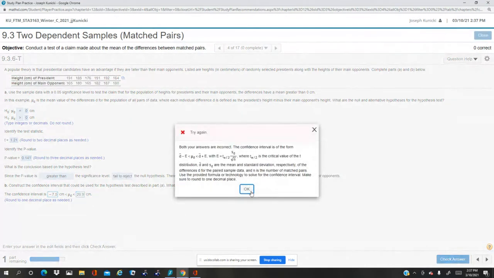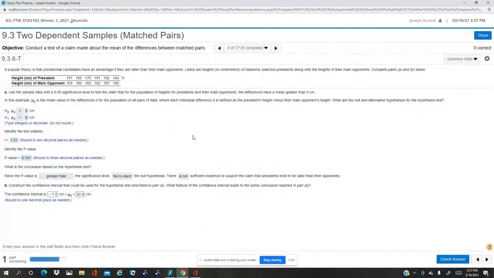Nope. It was 5%. Construct a confidence interval. Well, for both of the ones we tried, whether it's 90% or 95%, 0's in the confidence interval. That's why we would fail to reject. I'm not sure why. Let me try one more time.